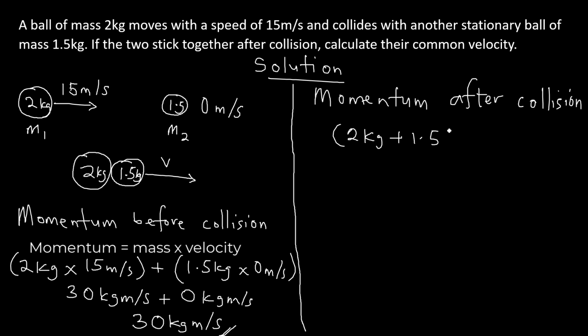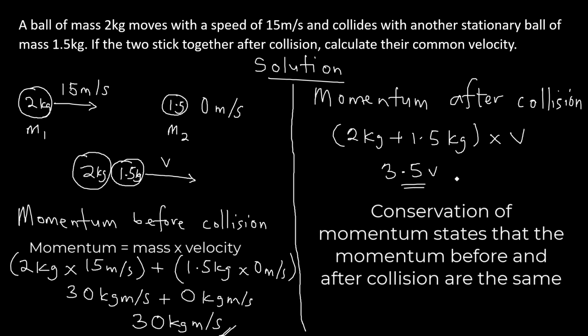And the velocity is V, which we actually do not know what it is. That's what we are solving for. So 2 kilograms plus 1.5 kilograms will give us 3.5. So 3.5 V.